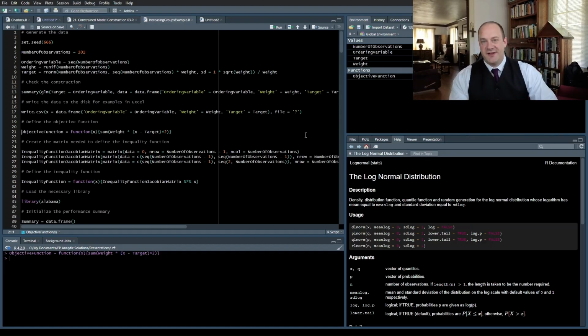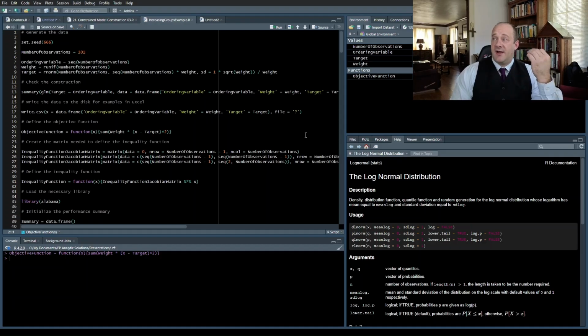That's how inequalities are supposed to be written if you want to make use of the auglag package.